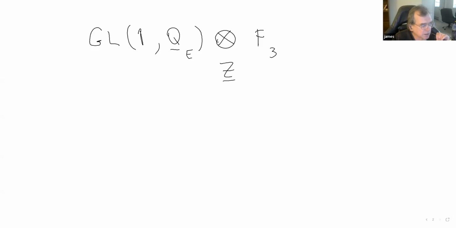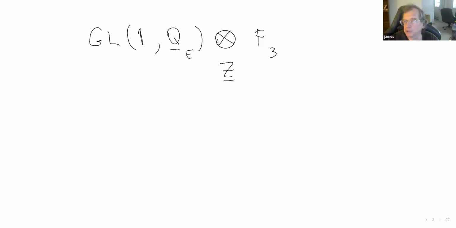And then the other primes in the Eisenstein primes will come in pairs, Eisenstein conjugate pairs. That's right. And so those will get interchanged. So when we tensor with F3, we can think of it more in terms of the vector space situation.